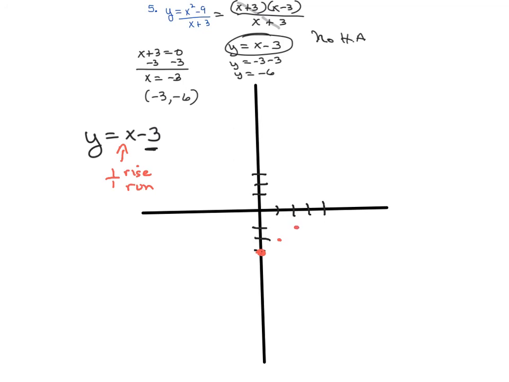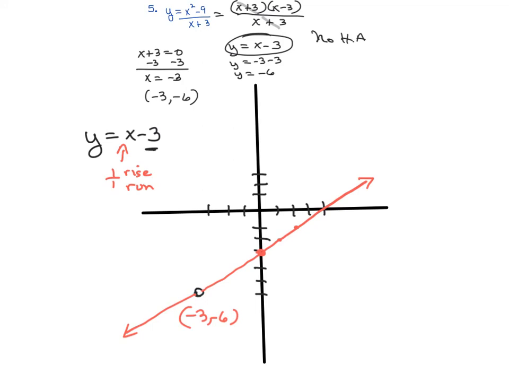However, remember about our hole over here. So when x equals -3 and 4, 5, 6, -6, this is where the hole will occur. So the graph of the line will be from here to here, excluding this ordered pair, which is -3, -6. This is where the hole will occur.